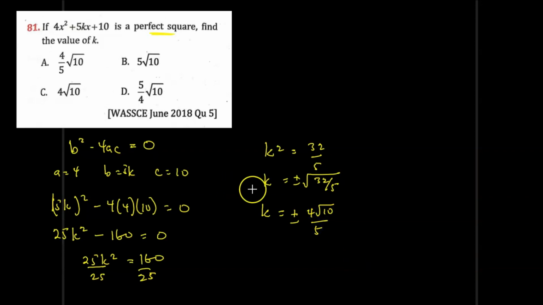So either the k value is positive 4 root 10 on 5 or negative 4 root 10 on 5, and that will make the expression a perfect square. Going through the possible answers, we have positive 4 root 10 on 5, and that's possible answer A.